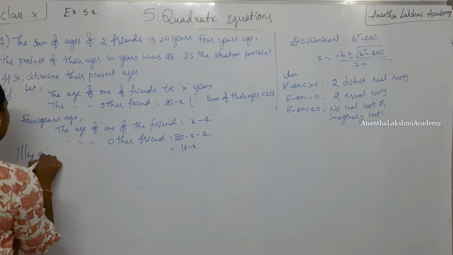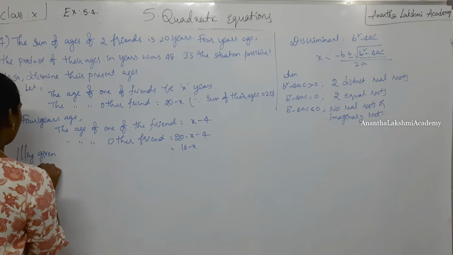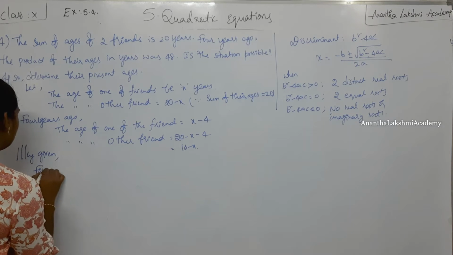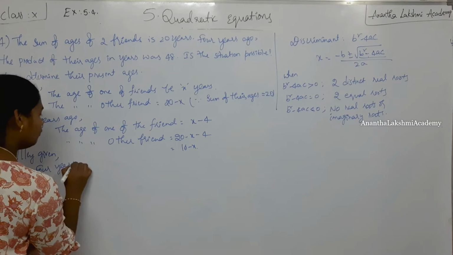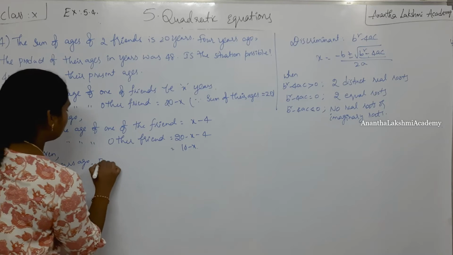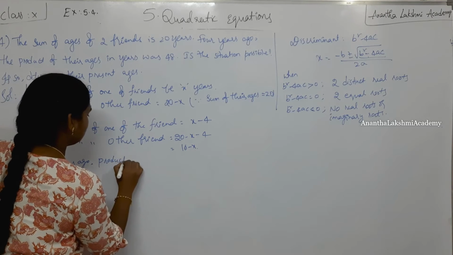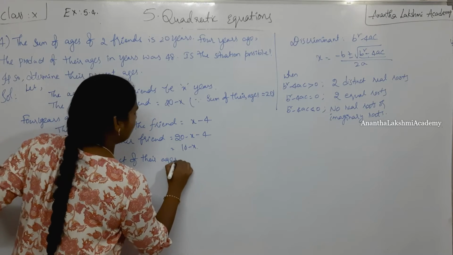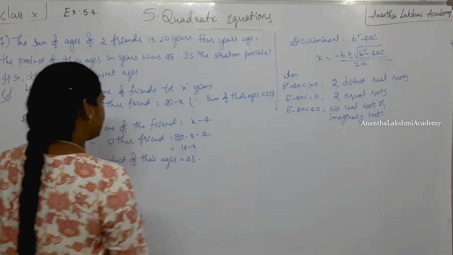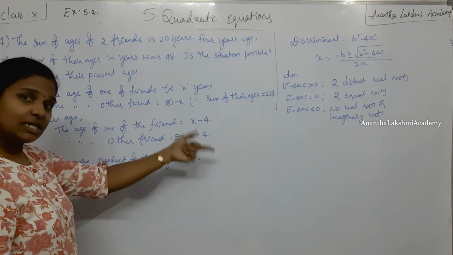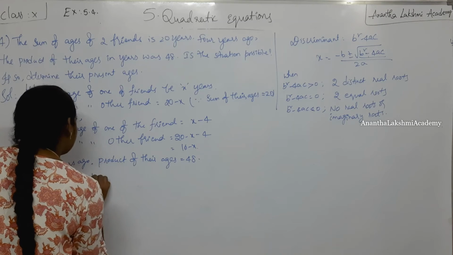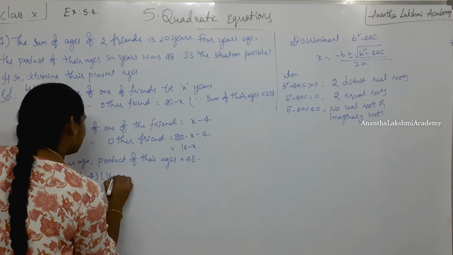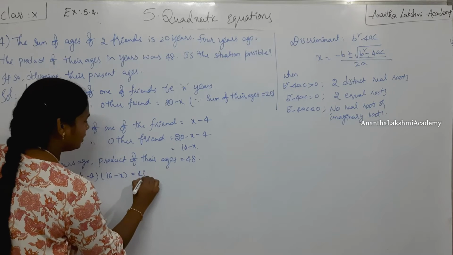Four years ago, the product of their ages is equal to 48, which is nothing but x minus 4 into 16 minus x. x minus 4 into 16 minus x is equal to 48.